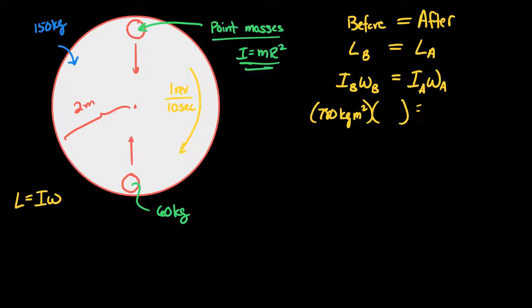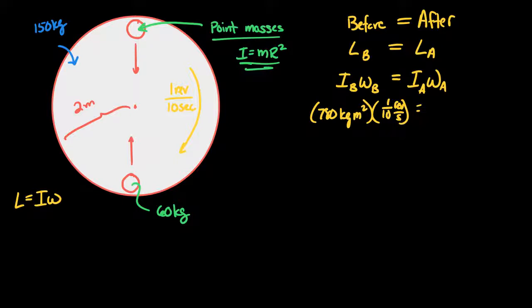Now, if they ask for an answer in radians per second, you're going to have to do something else. But for right now, I'm just going to leave this as 1/10 revolutions per second. Now again, the proper way would be to convert this to radians per second, which means multiplying by 2 pi. But I think we're able to kind of come to grips with this. All right, we're getting close.